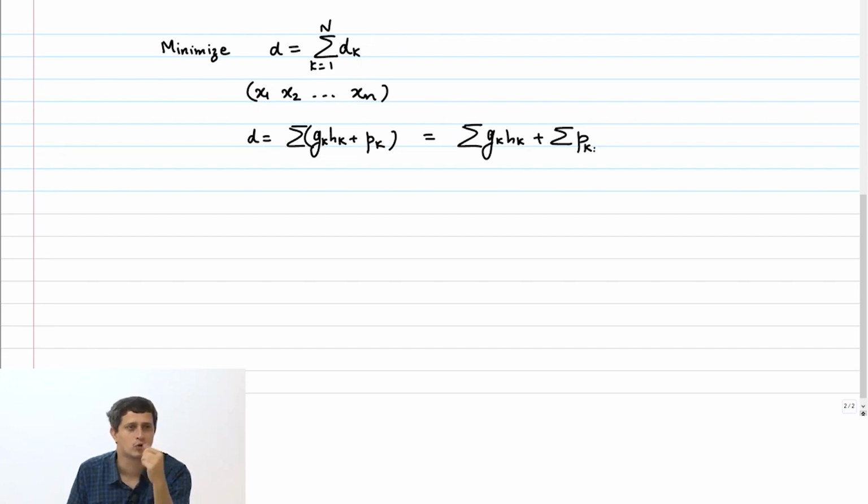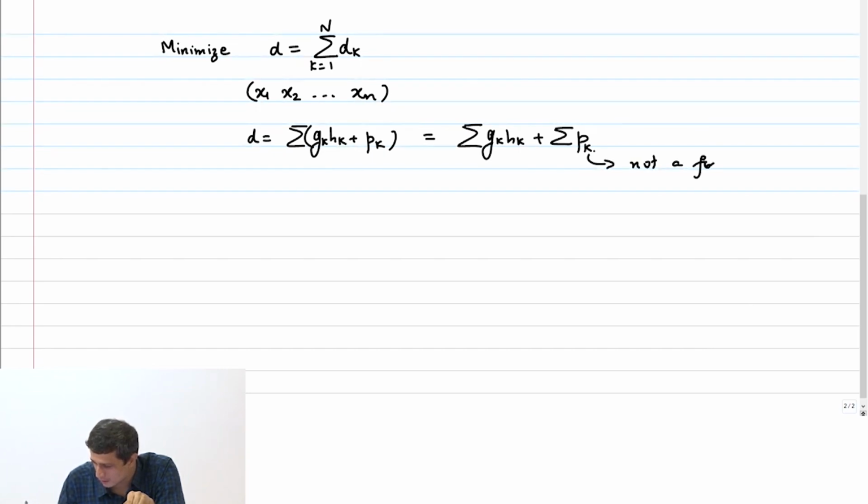Whether you scale it up by 2x or 4x, it doesn't matter. The parasitic delay is not a function of my input capacitance variables that I am talking about. So this is not a function of x0, x1, xn.